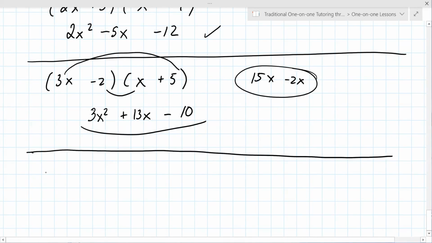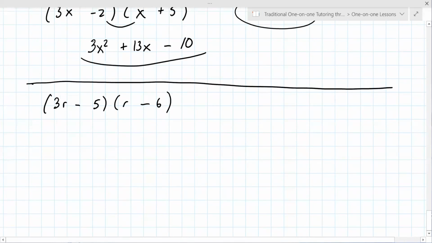All right. So let's do another one. Let's do 3r minus 5, r minus 6.